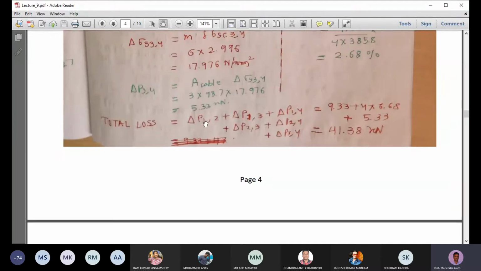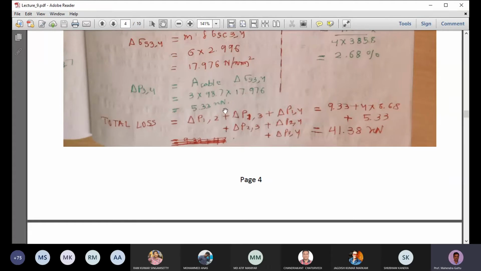So delta P12 is pre-stress loss in cable 1 due to post tensioning of cable 2. Delta P13 is pre-stress loss in cable 1 due to post tensioning of cable 3. And delta P14 is pre-stress loss in cable 1 due to post tensioning of cable 4. Similarly, delta P23, delta P24, and delta P34, which is pre-stress loss in cable 3 due to post tensioning of cable 4.